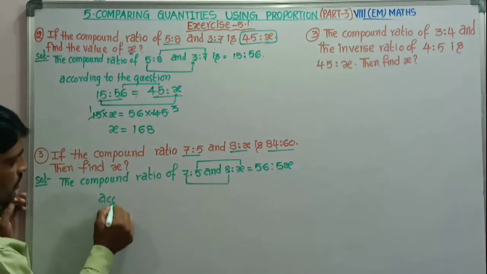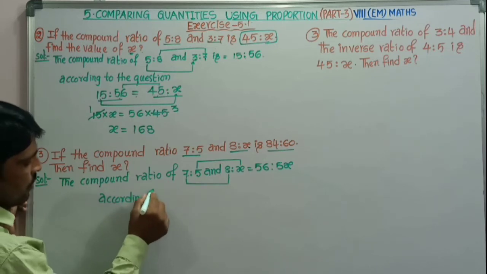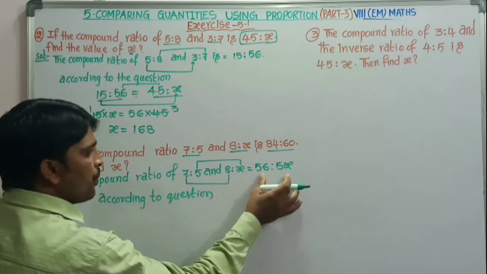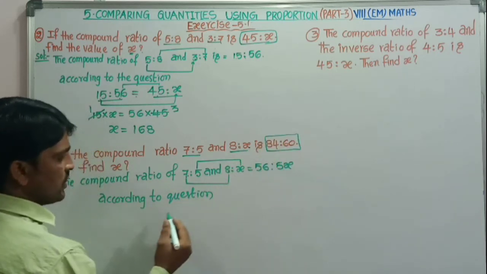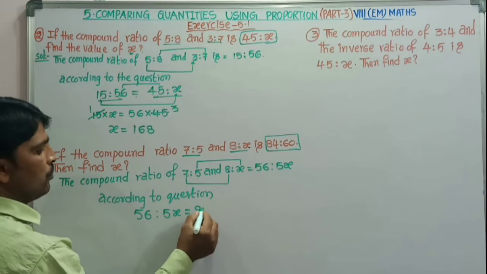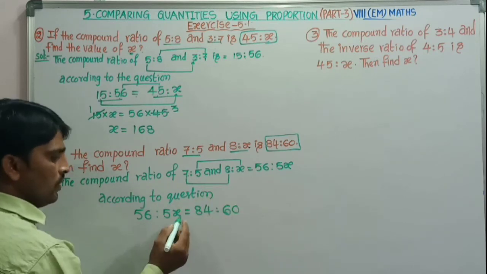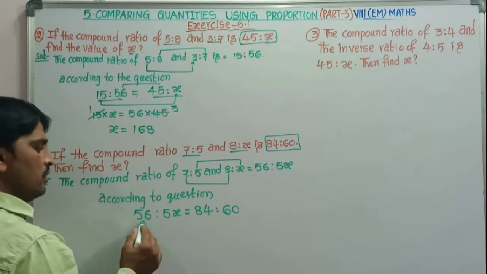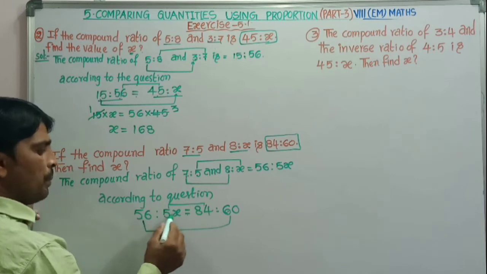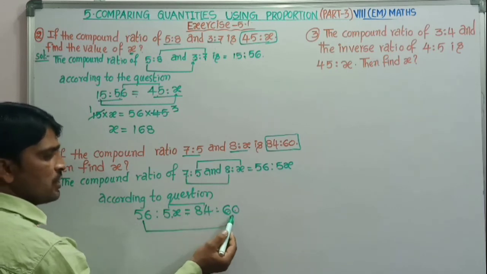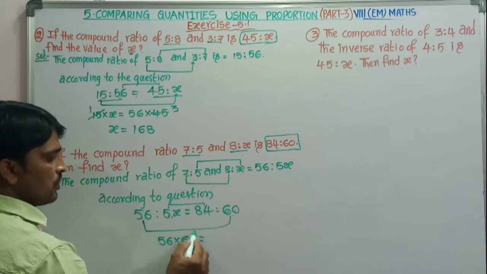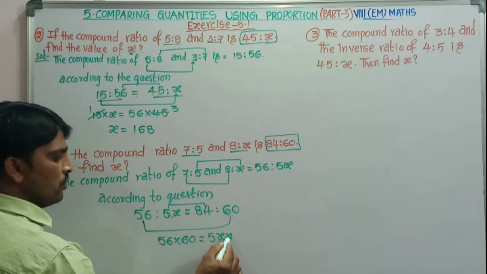According to the question, their compound ratio is equal to 84:60. Therefore, 56:5x will be equal to 84:60. That is the equality of two ratios, which means these four numbers are in proportion. Therefore, we know that if four numbers are in proportion, the product of extremes equals the product of means. 56 into 60 is equal to the product of means, that is 5x into 84.